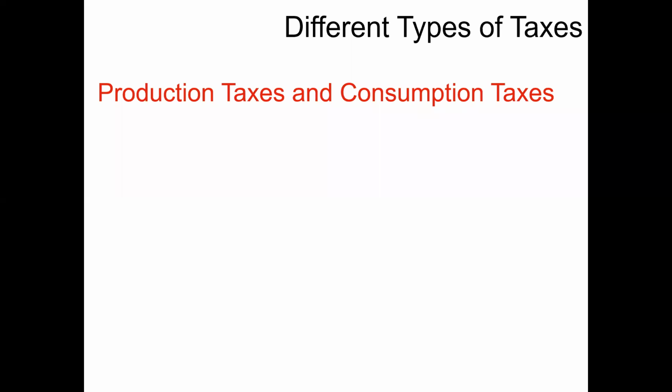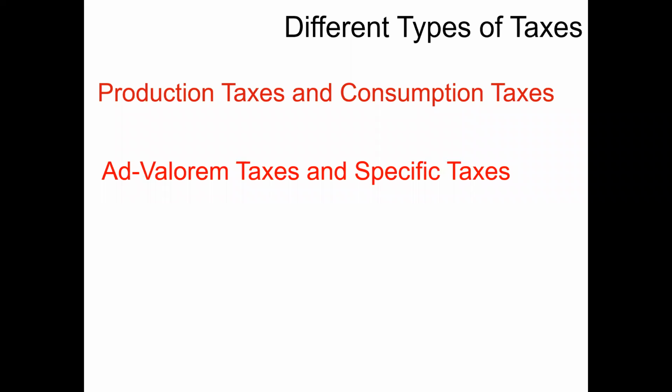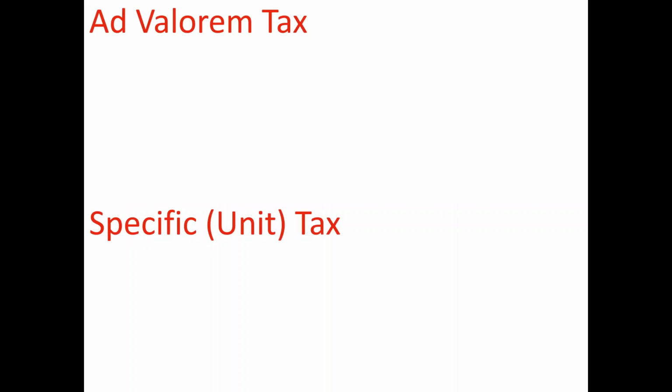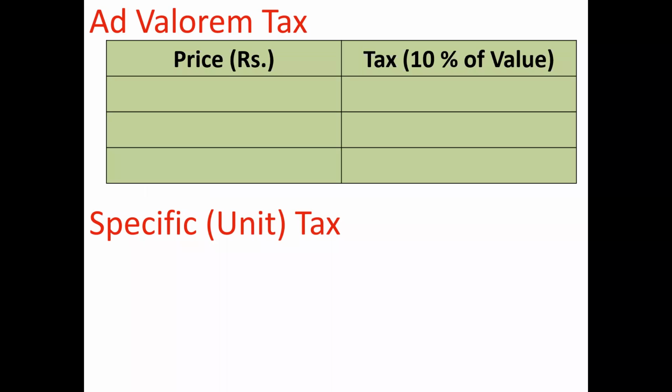The second method is ad valorem taxes and specific taxes. Ad valorem means as a percentage. Specific means a fixed amount. Let's go for an example. In the case of ad valorem taxes, taxes are charged as a percentage of the price.